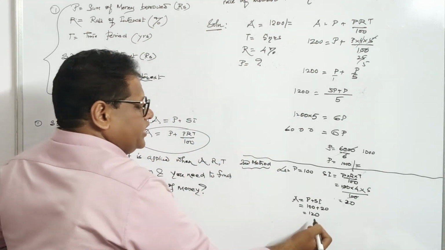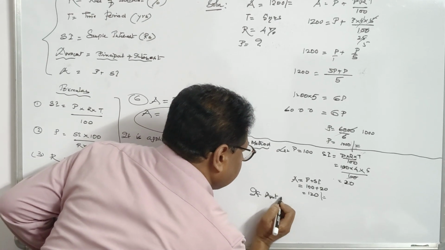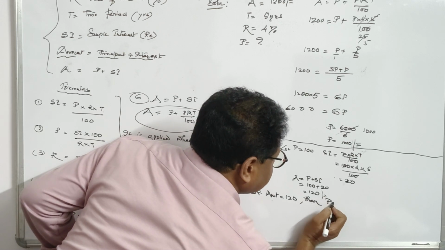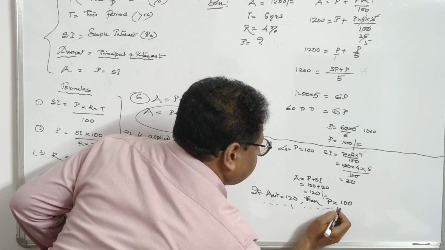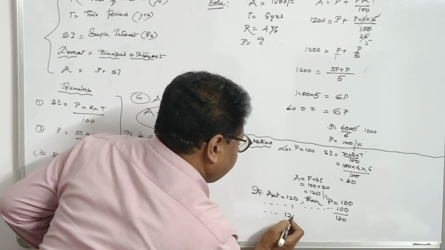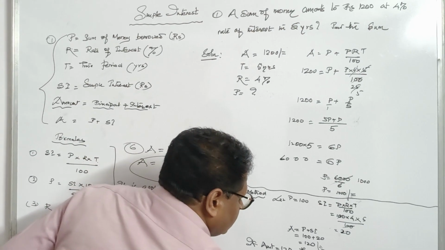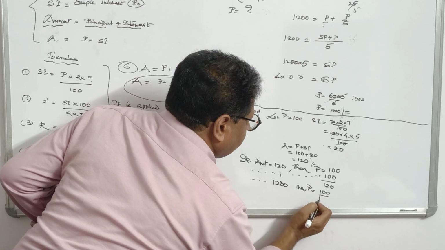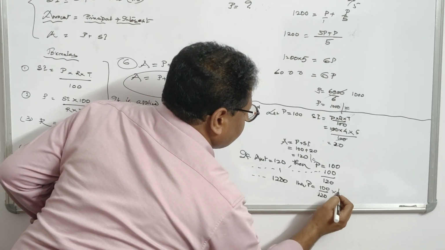Now you are going to apply the unitary method. If the amount is 120, then the principal is 100. If the amount is 1, then the principal becomes 100 by 120. If the amount is 1200, that's given in the question, then the principal will be 100 by 120 into 1200.